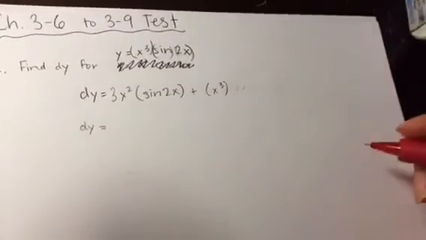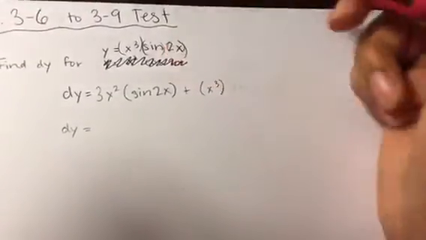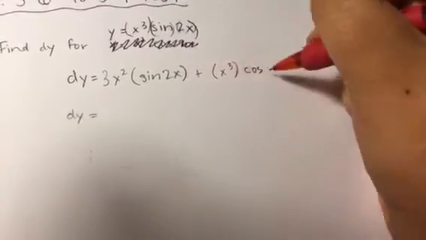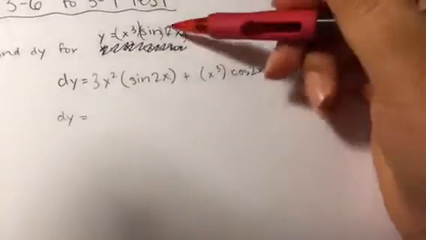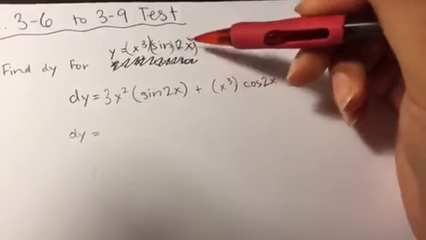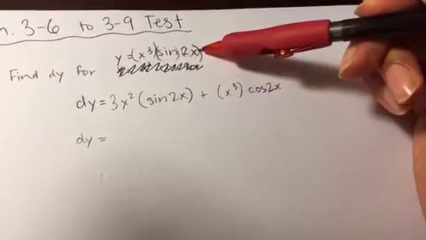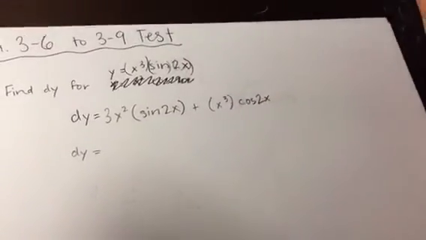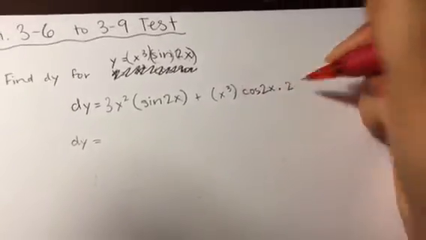The derivative of sine is cosine, and since there's this 2x here, you keep the 2x. It's like the inside part, so you took the derivative of the outside, and then you also have to take the derivative of the inside, and the inside derivative of 2x is just 2.